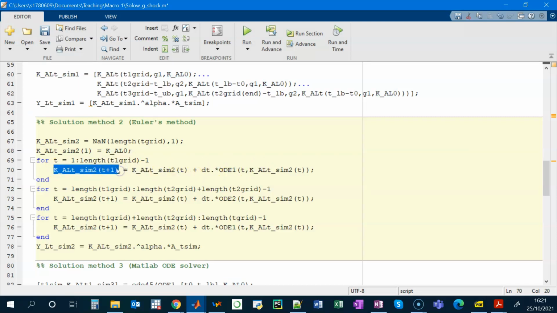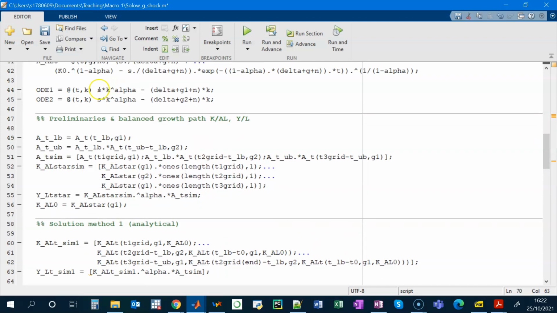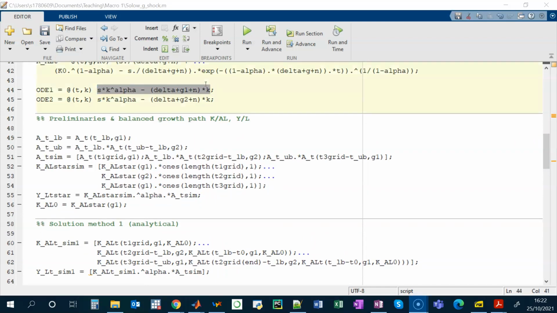So this is saying that my capital per effective worker in the next point in time is going to be equal to its current value plus the time increment dt times this expression here, which is just the right-hand side of the Euler equation. It's perhaps easier to write this down.